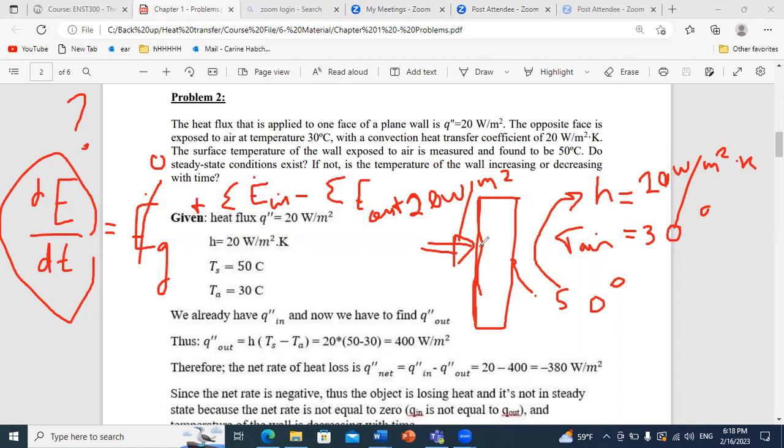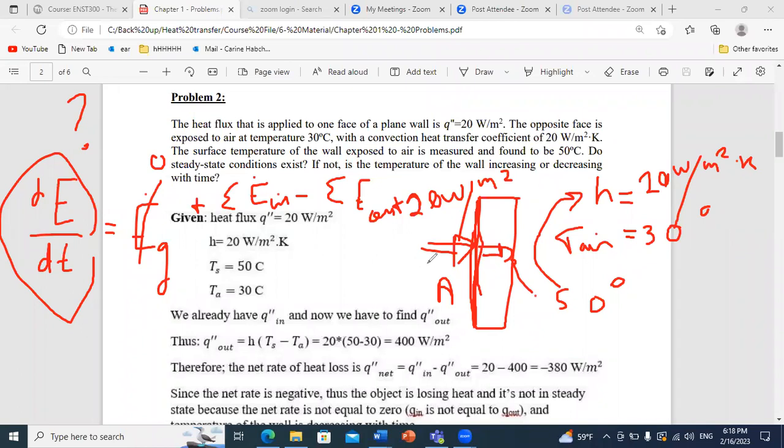It is transferred by conduction. q double prime, basically. Yeah, exactly. It's equal to the inlet flux because of the imposed heat flux on this face. Do we know the area of the surface? No, but no need. We can just do the analysis per unit area.